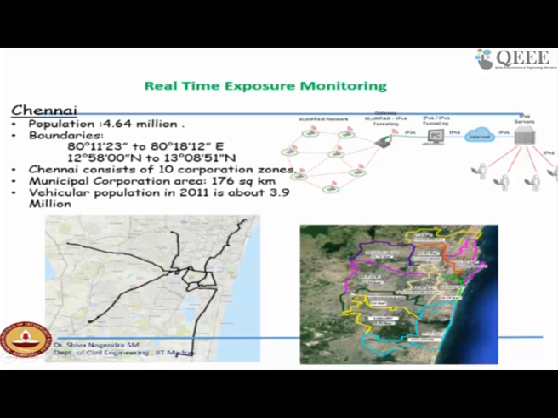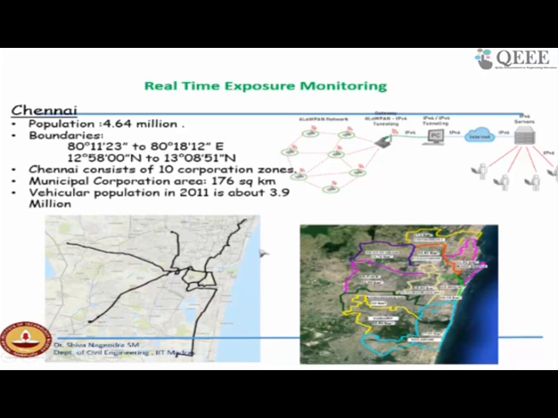If you look at Chennai, we have an area of about 175 square kilometers. Within that 175 square kilometers, at present we have more than 3 continuous ambient air quality monitoring stations run by the Central Pollution Control Board and a few ambient air quality monitoring stations run by the Tamil Nadu State Pollution Control Board.